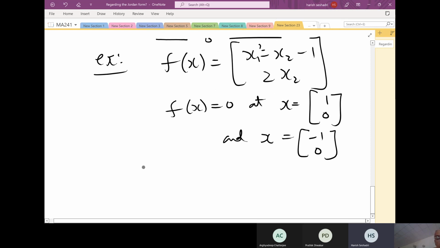And the derivative at (1, 0) is this matrix.